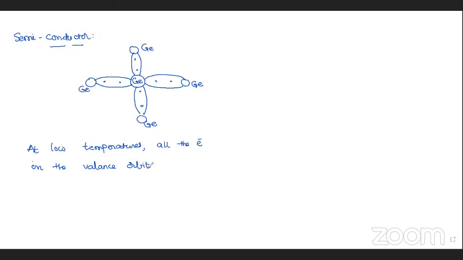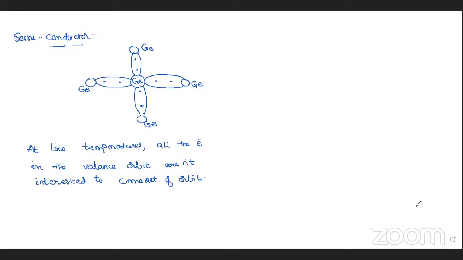So at low temperature, all the electrons in the valence orbit are not interested to come out of orbit. The reason behind it is the energy you are supplying at low temperature is not sufficient to overcome the force of attraction of the nucleus.